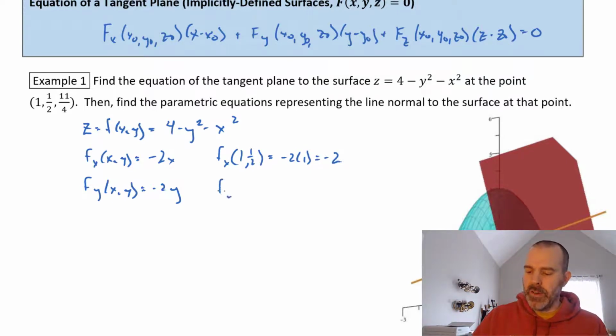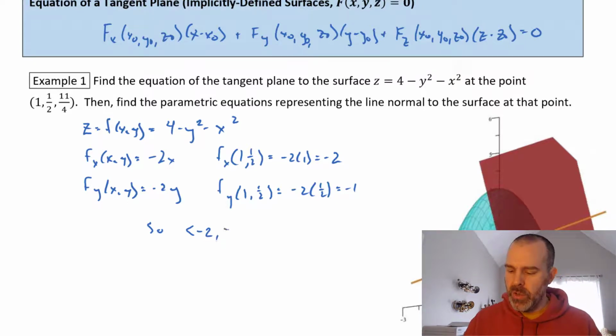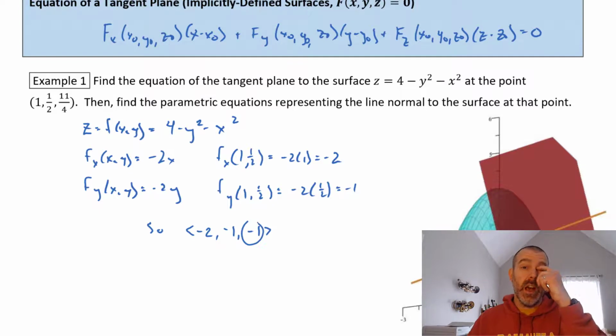The partial derivative with respect to y at 1/2 will be -2 times 1/2, so that will be -1. So what this means is that we have our normal vector for our plane, -2, -1, and then it's always -1. You can see the derivation from the previous page. It's always -1.